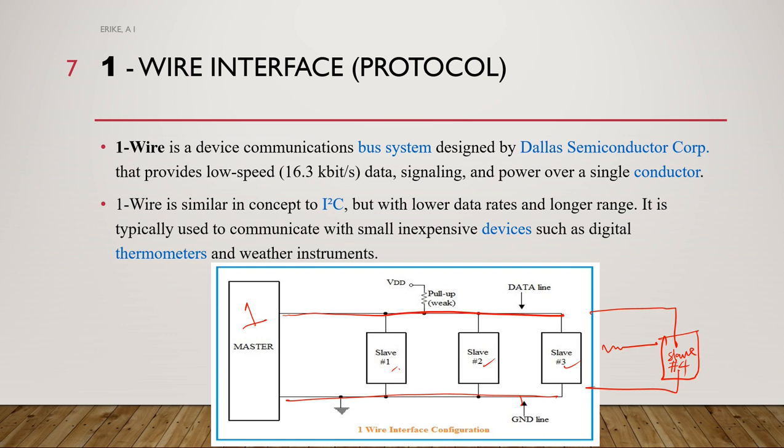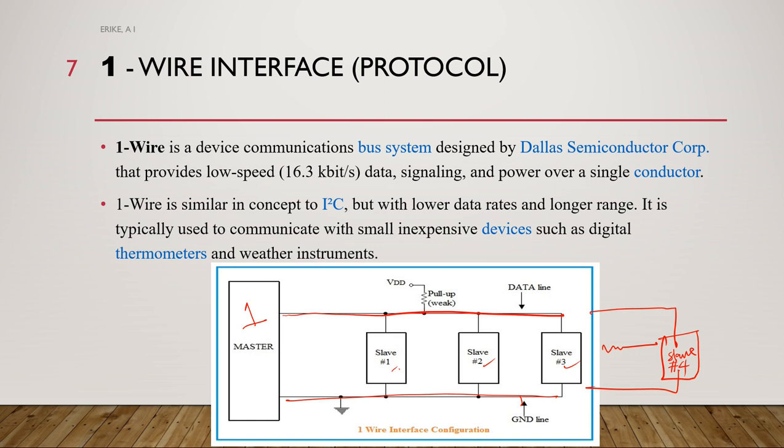It's just like saying who is here. It activates them, and those that are there will show that they are there with a presence pulse, and that presence pulse holds the line low for at least 60 microseconds after the master releases the bus.